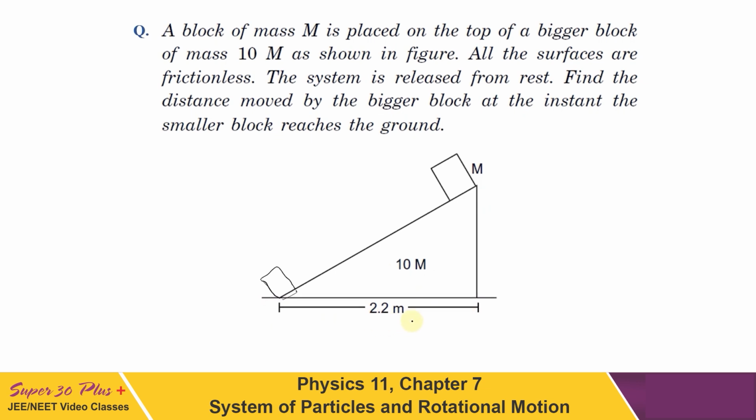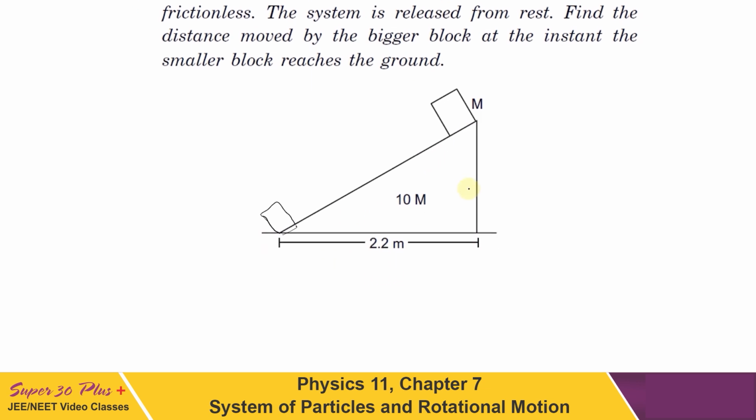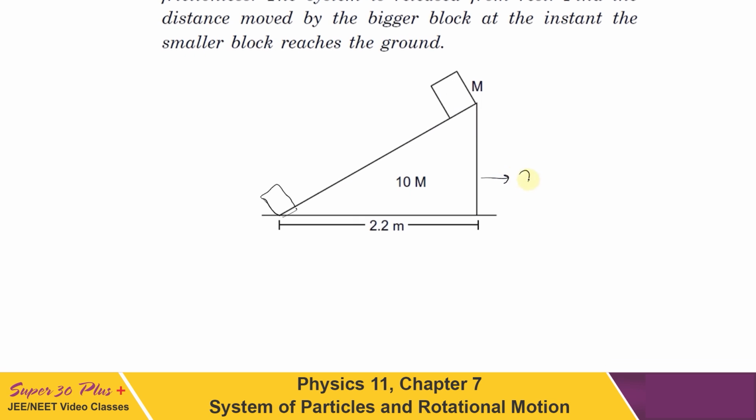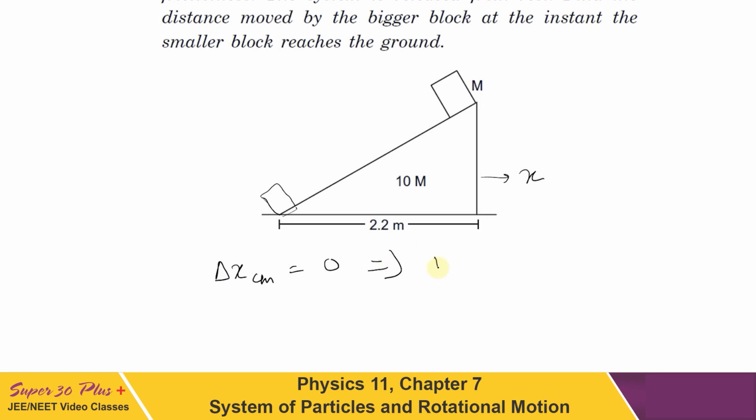So let us consider the displacement of 10m is x towards the right, so we can write delta xcm to be 0. That will imply m times the displacement of m with respect to 10m, that is 2.2, plus the displacement of 10m, that is minus x because it is in the opposite direction, and this has to be equal to 10mx because delta xcm has to be 0.